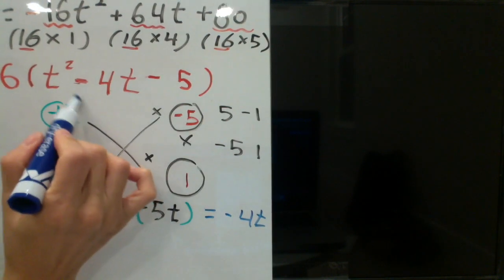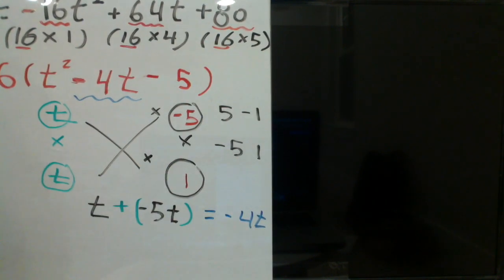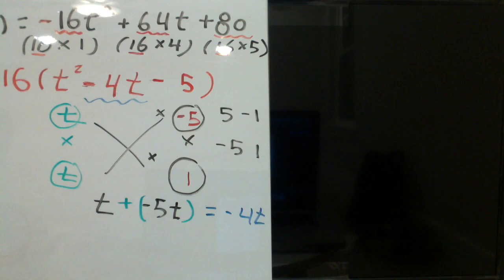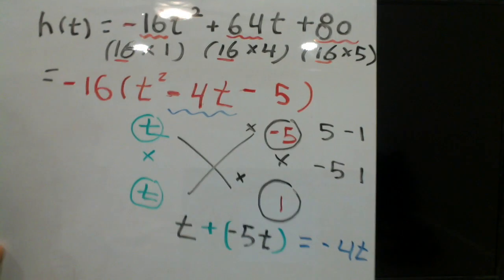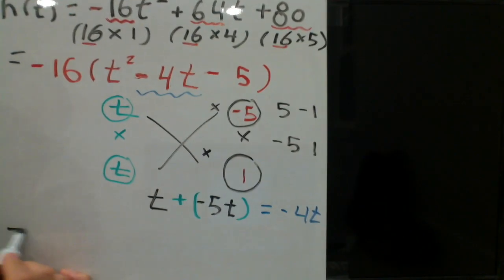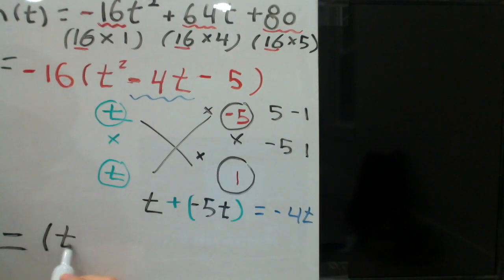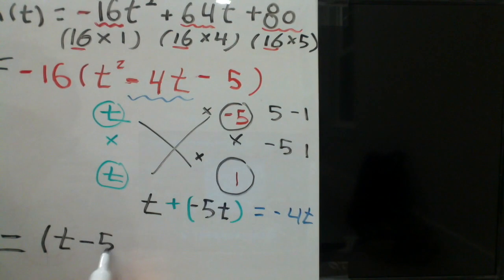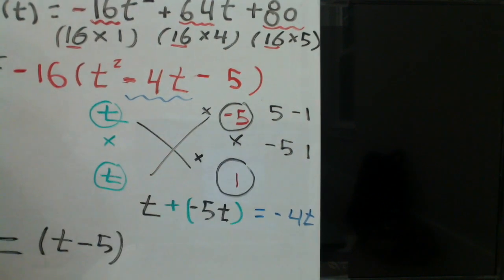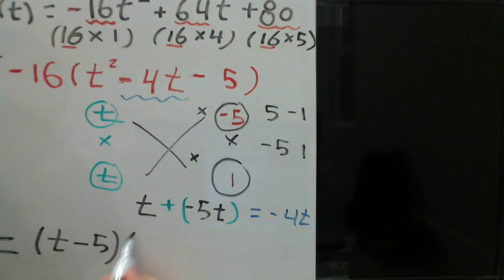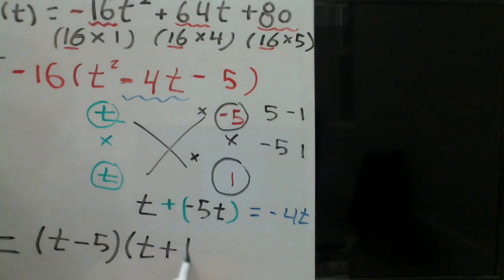It's matching with this, right? So how do I write t minus 5 this way, and here t plus 1.